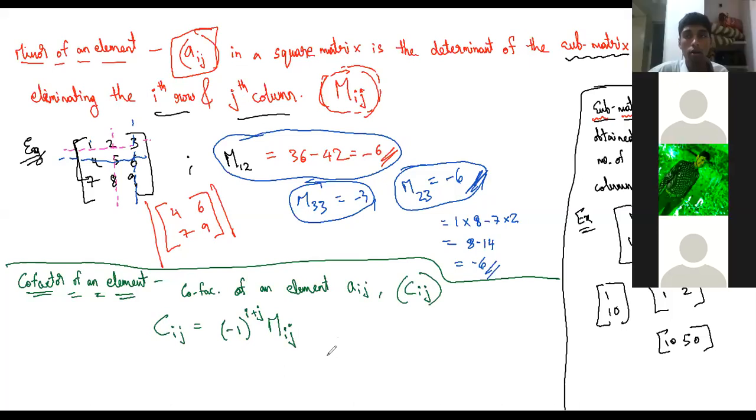Basically, whatever minor you are getting, you have to multiply the minor with -1 to the power I plus j. ठीक है?